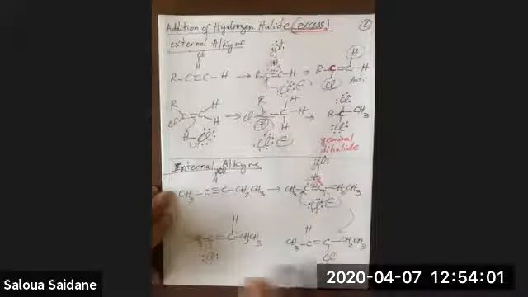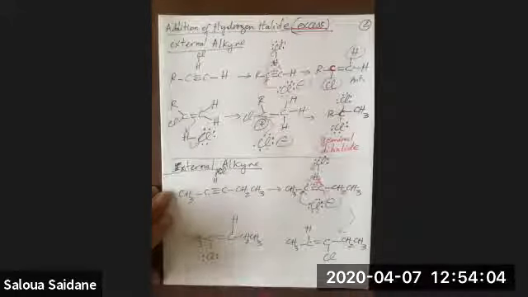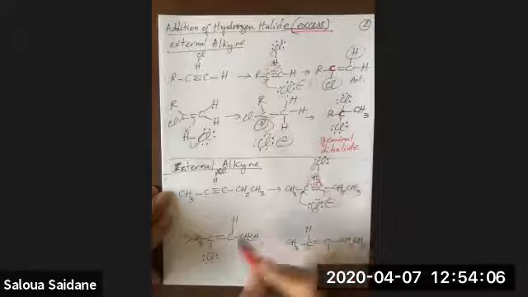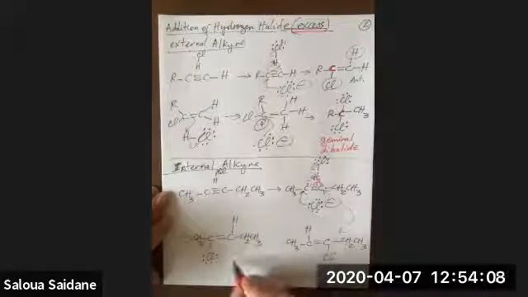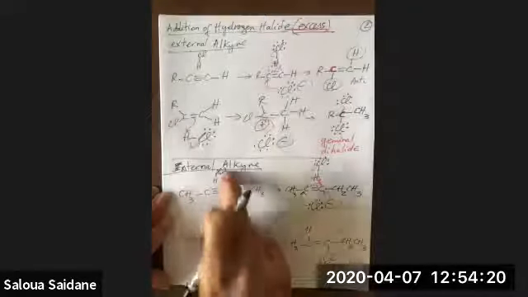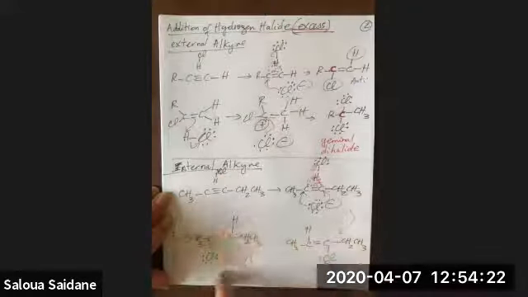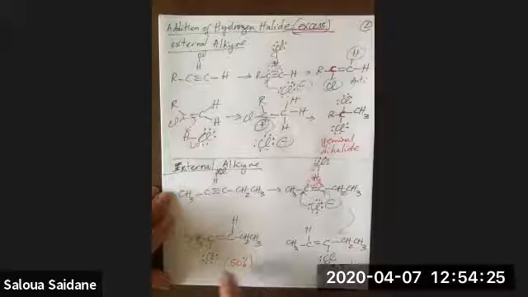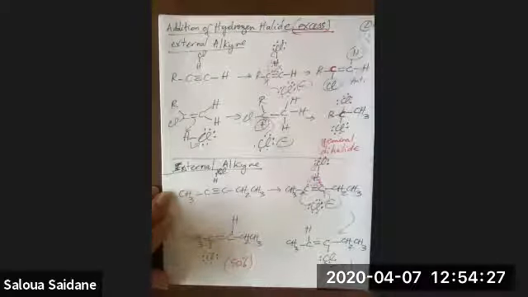And you get exactly 50-50. Why 50-50? Because this will give us a secondary and a secondary. So we're going to have 50% of this and 50% of that. So adding just a 1-to-1 ratio of HCl to the alkyne, we get 50-50% of these two products.